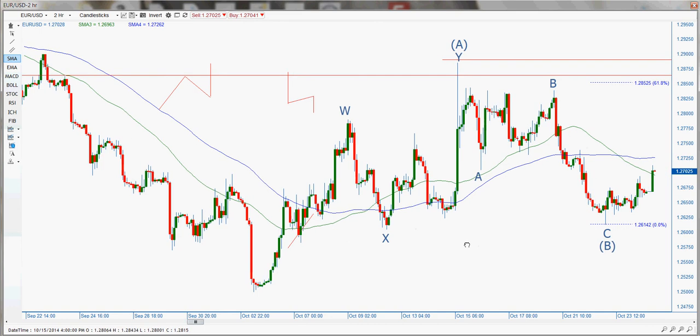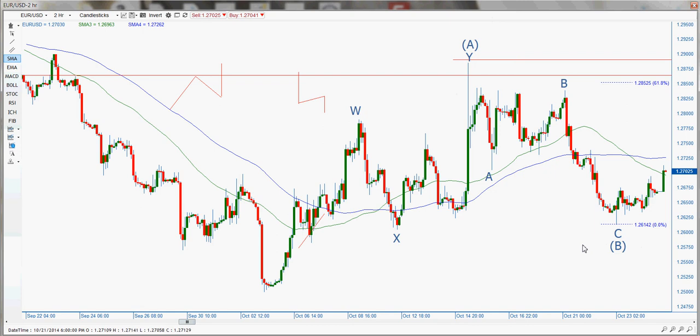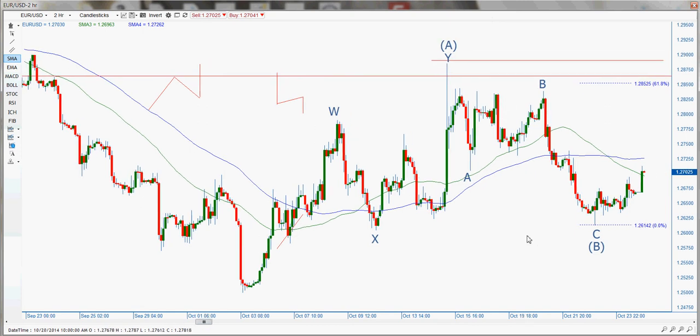The question is when, and if this three-wave move up was only the first leg of a larger correction, or if it was the entire correction. And again, if this was to be the entire correction, well, this price needed to be more impulsive instead of corrective. It counts best as a three-wave move in A, B, C.